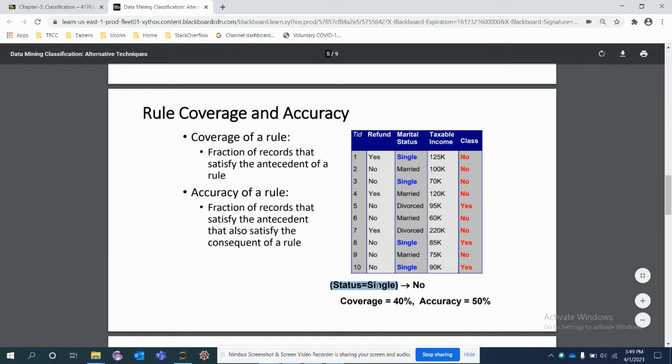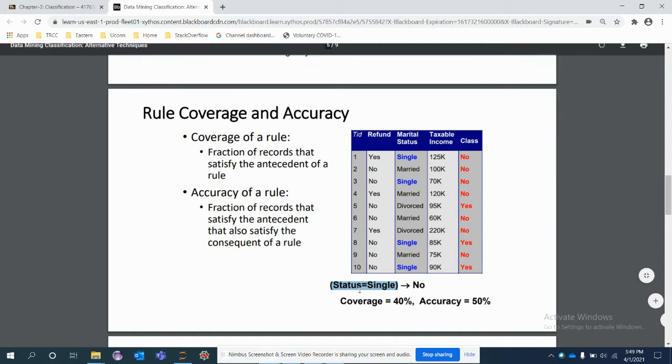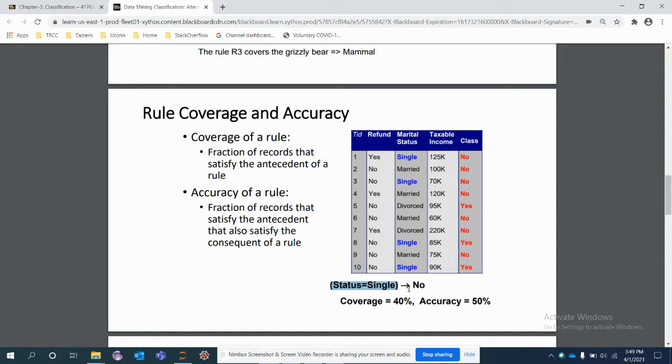Then the coverage of R will be equal to the coverage of status equals single, that is A, divided by the total number of instances, that is D, in the given data set. So A here will be considered as the number of instances that satisfy the rule antecedent, the left hand part of the rule. And if you perform an intersection operation between A and the predicted label y, then it will be the number of instances that satisfy both antecedent and consequent.